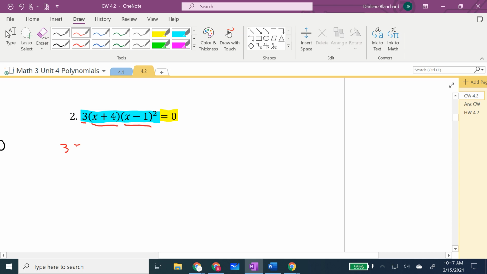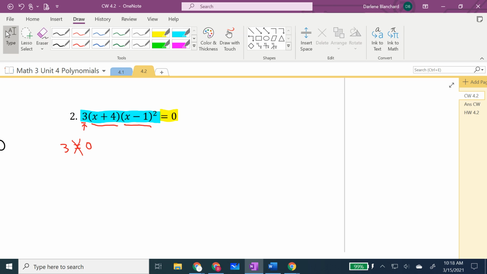Will 3 ever be equal to 0? If you have just a number as one of the factors equal to 0, that doesn't give you any solutions. A very common error that I see is people will write 0 as a solution because they see something over there.